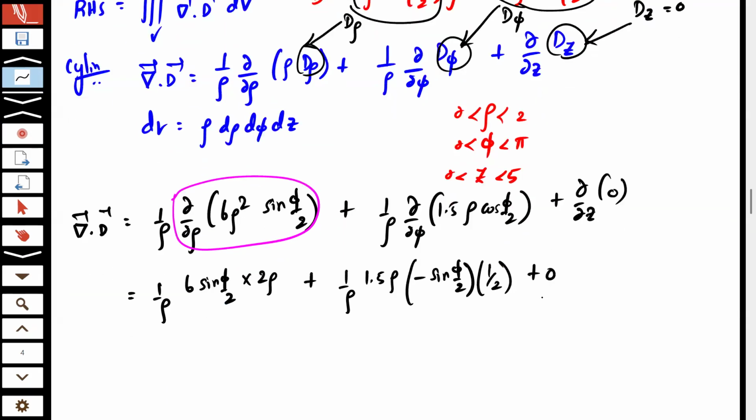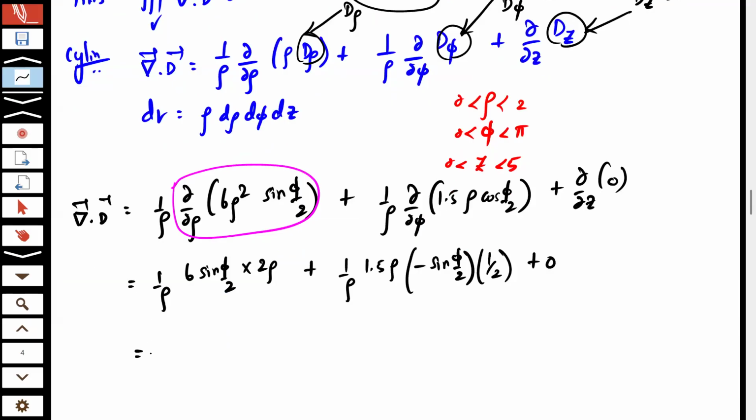So let us write the final expression for del dot D, which is 12. In this case, after differentiation, whatever rho terms are left, that can be cancelled out. So here you'll get 12 sin(phi/2) for the first term, and in the second term also, this rho can be cancelled. So you'll be getting minus 1.5 divided by 2, which is 0.75, times sin(phi/2).